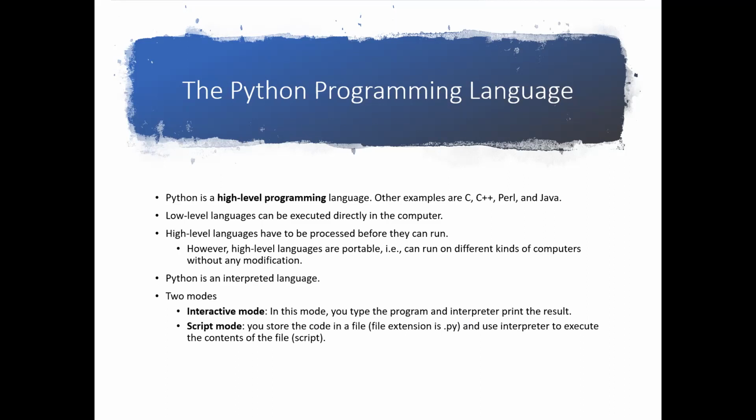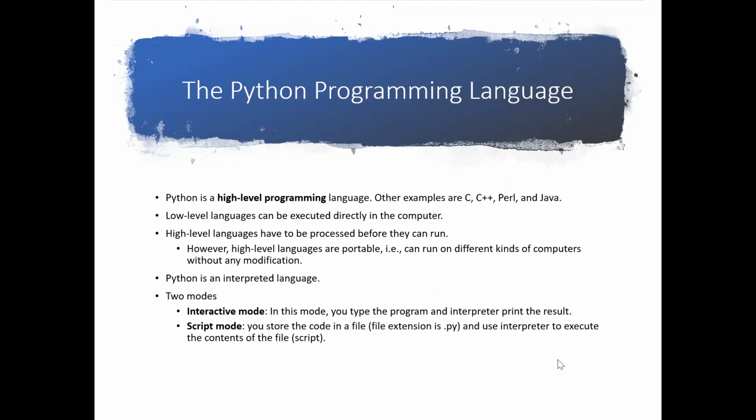You can go to interactive mode, like in Matlab, where we can use it as a calculator, and you can write a script. Similarly, in Python we have those two modes, the same as in Matlab. In interactive mode, you can open it up and type directly, right? So let me quickly show you how we might do it in a system once you install it. I know right now we don't.